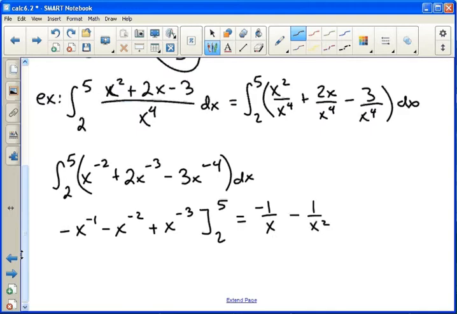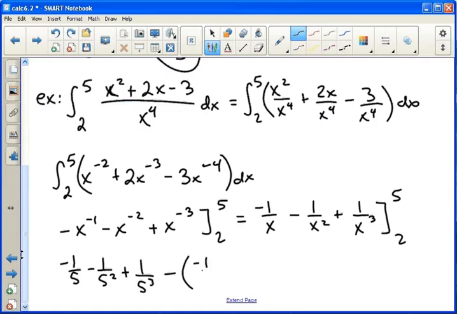So then plug in the top, negative 1/5 minus 1 over 5 squared plus 1 over 5 cubed minus, plug in the bottom. If you notice, I'm always putting the second half in parentheses, and that's a good practice because you want to make sure you're subtracting the entire thing and not just one piece.